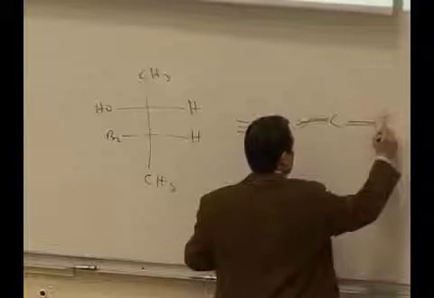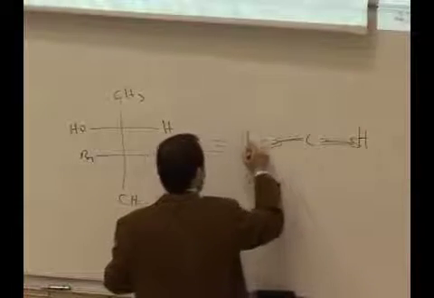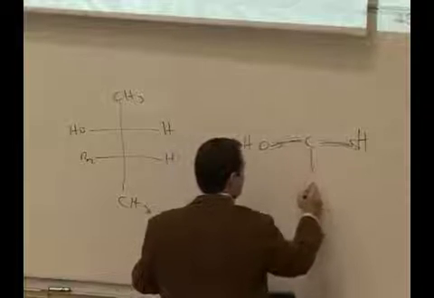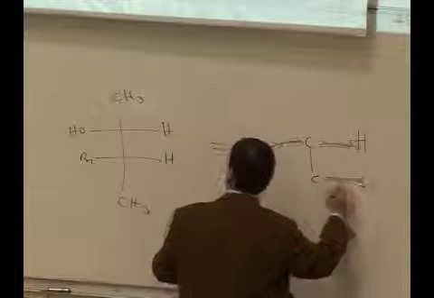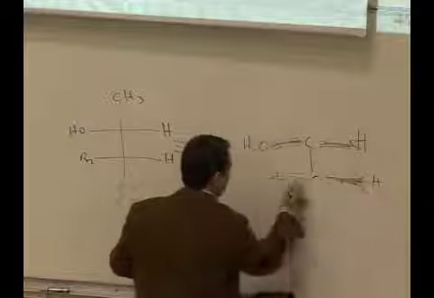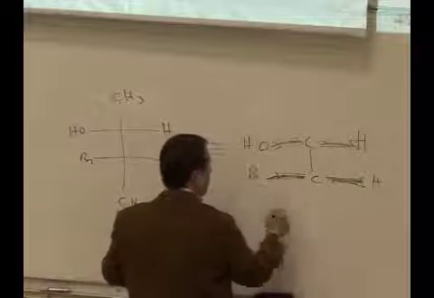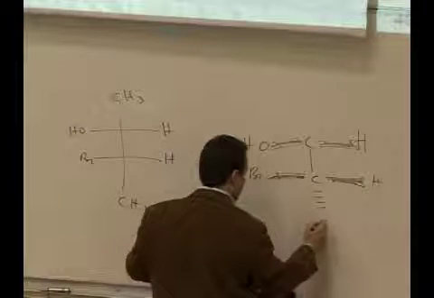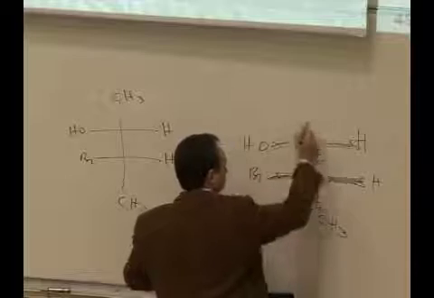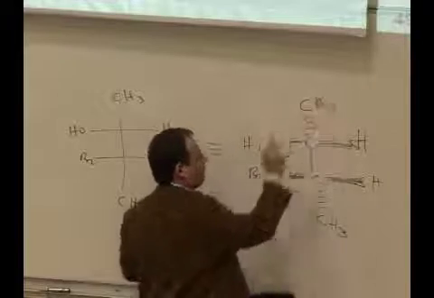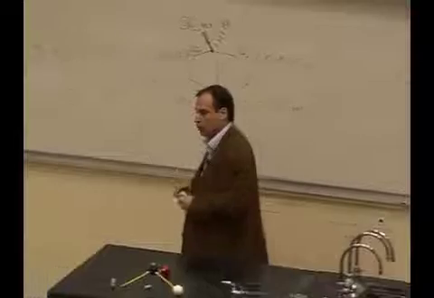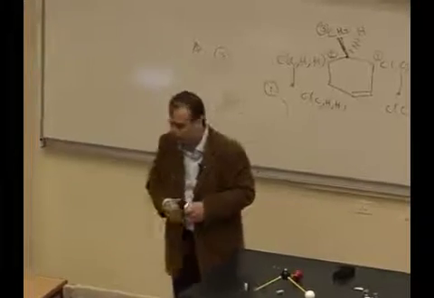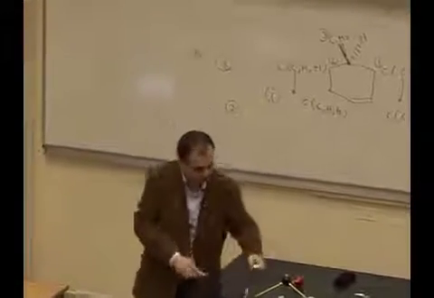These bonds that are horizontal are towards you. These bonds are away from you. So in a Fischer projection, the horizontal bonds are towards you and the vertical bonds are away from you.